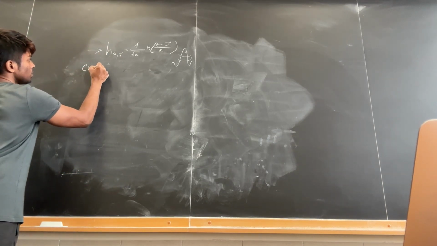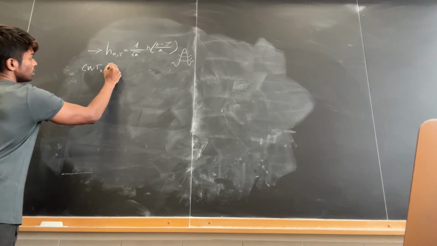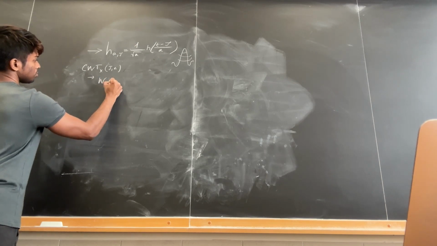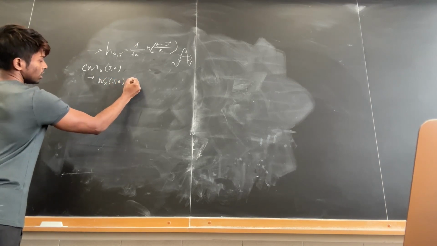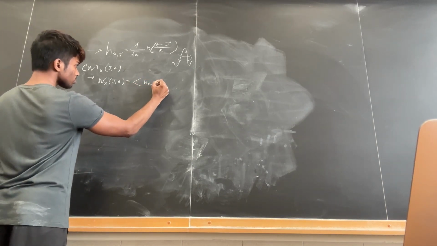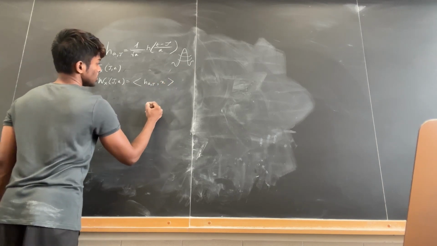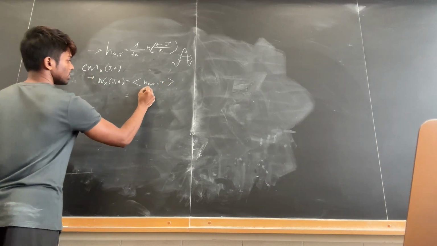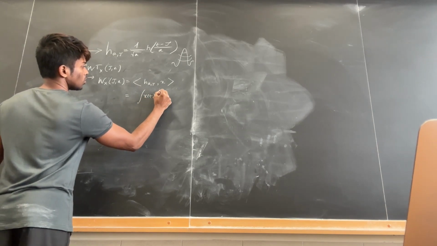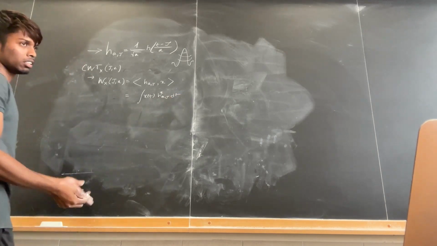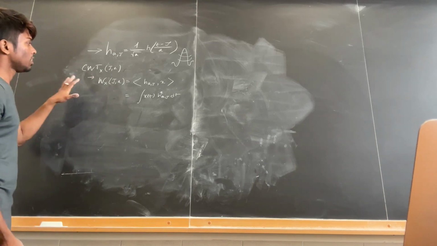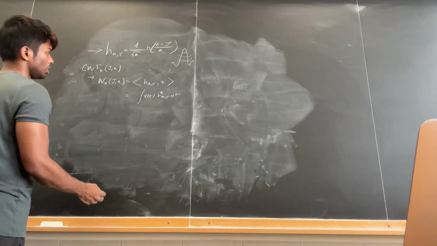The CWT of x with parameters tau and a we can write as Wx of tau and a, equal to the inner product between h a comma tau and the signal x. This inner product is the integration of x of t and h a comma tau conjugate dt. That is the very basic analysis formula for any expansion over a basis.